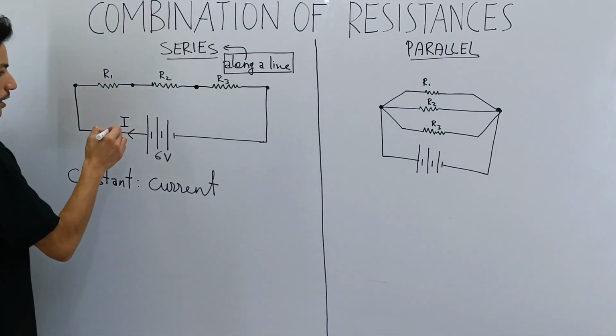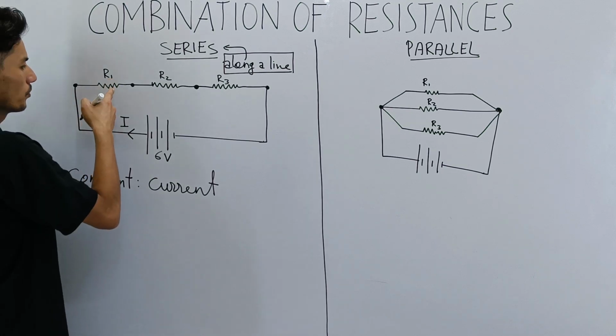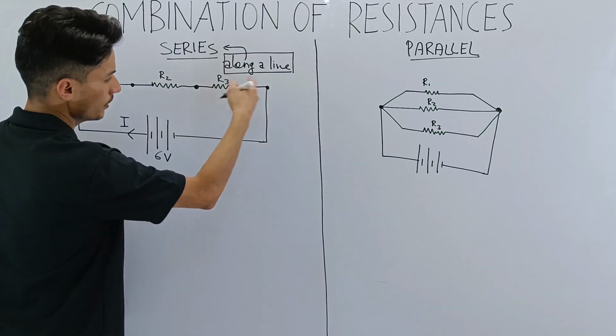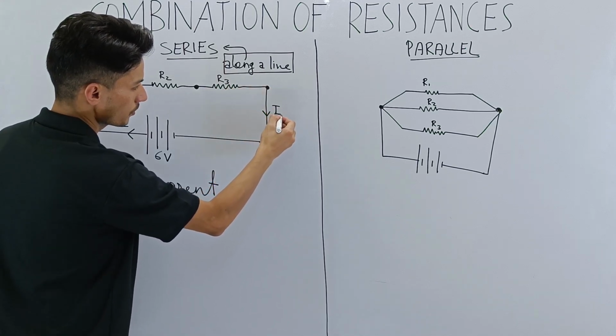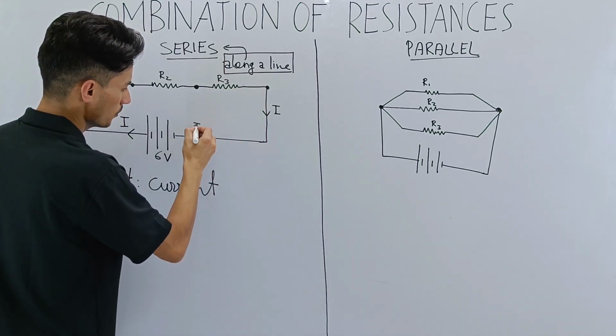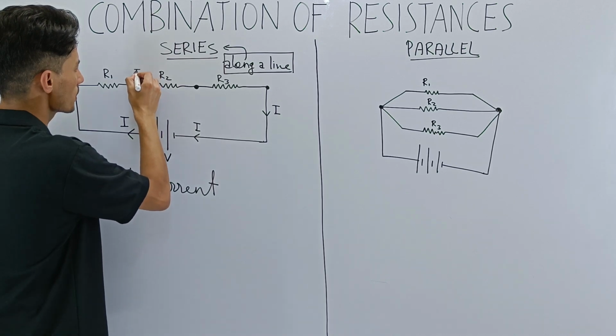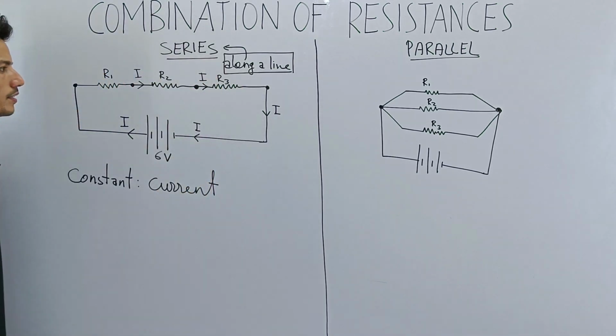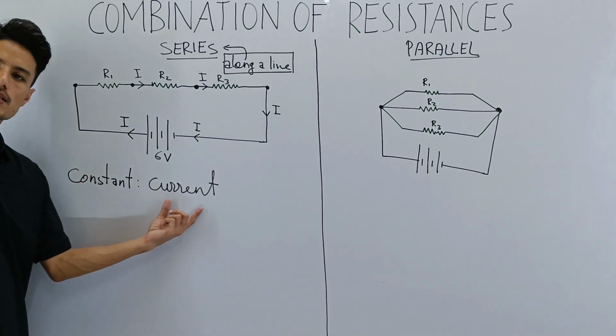So current I is flowing here. Current I will flow here also, and here also, everywhere. That is why current is constant in series.